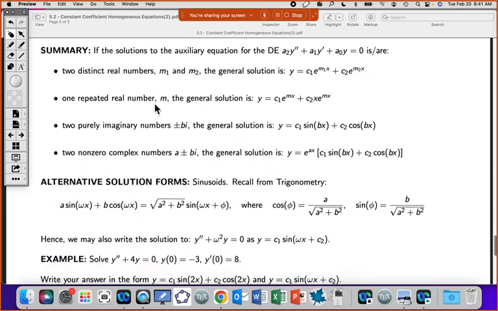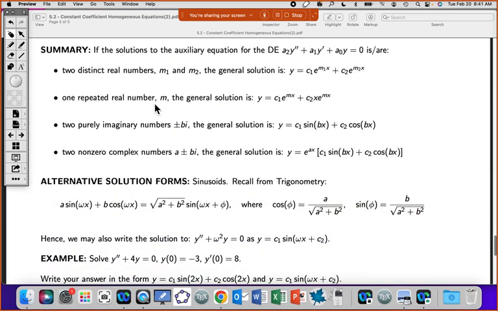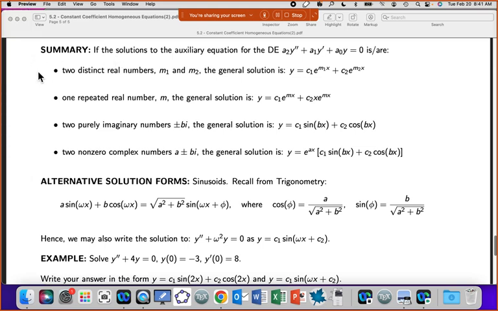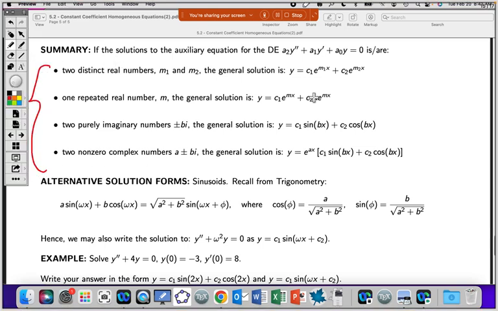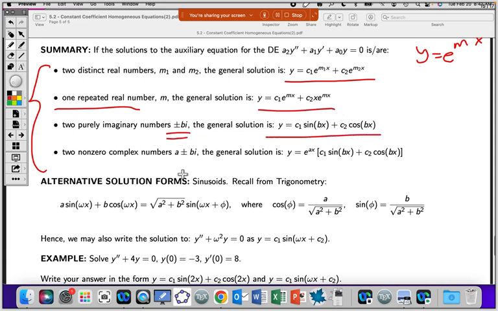Okay. So here's the summary of what we've been working on the past 2 days. Right. So if you start off with the e to the mx, you get two distinct real numbers. There you go. Got a repeated real number. There you go. If you got pure imaginaries, you got your oscillation.